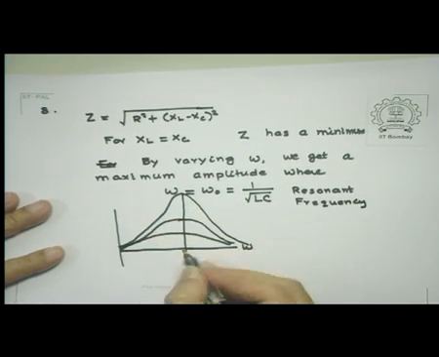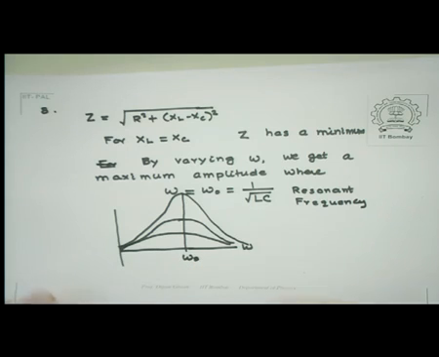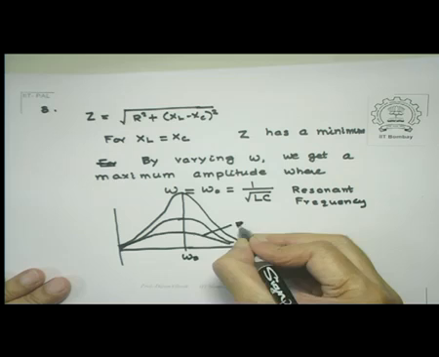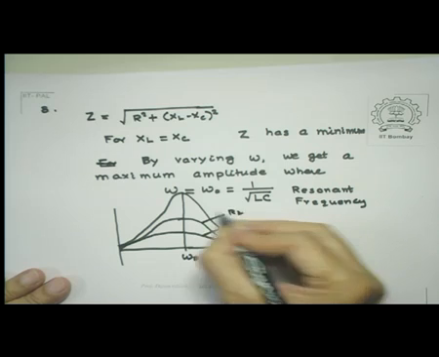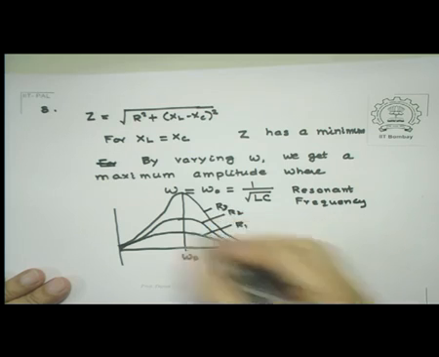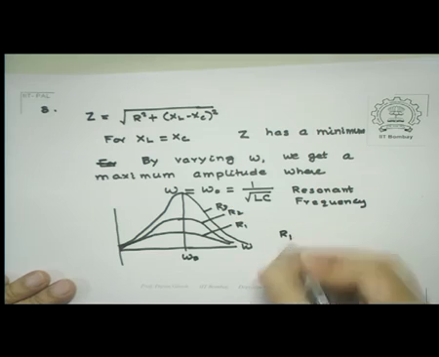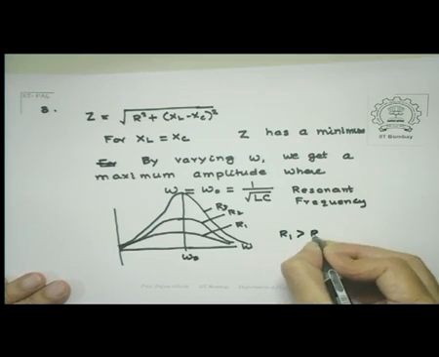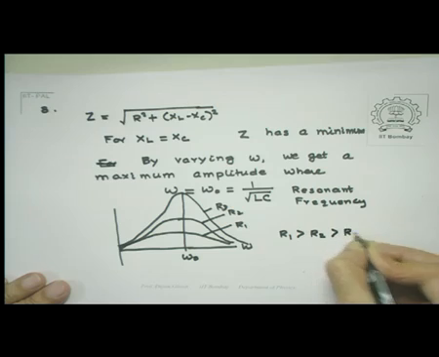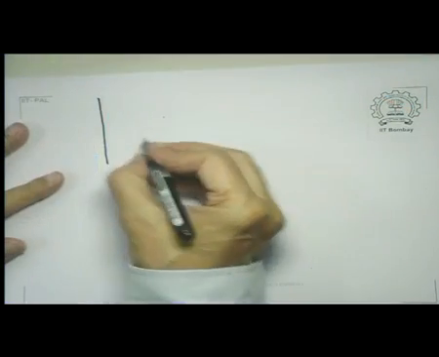This peak happens at omega equal to omega 0 equal to 1 over square root of LC. So let's call this R1, this R2, this R3, and this picture is for R1 greater than R2 greater than R3. This is just a graphical representation of the resonance phenomenon.